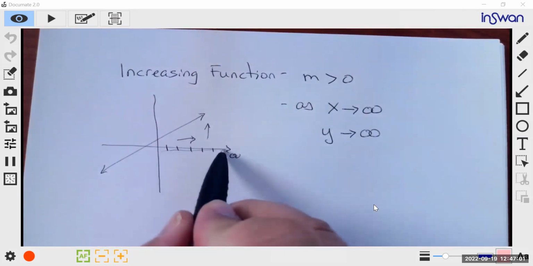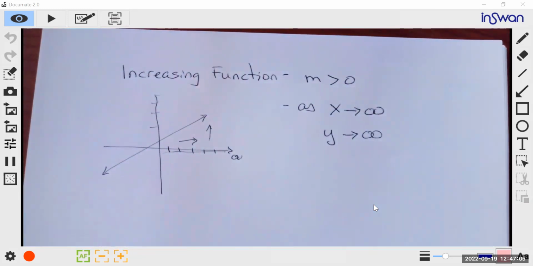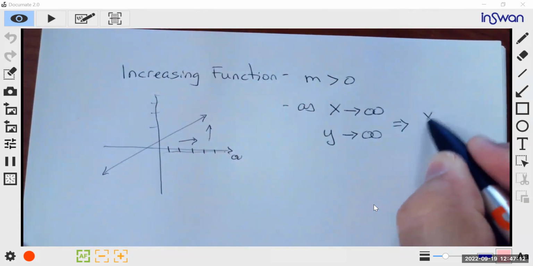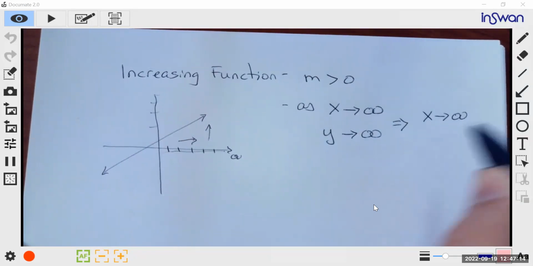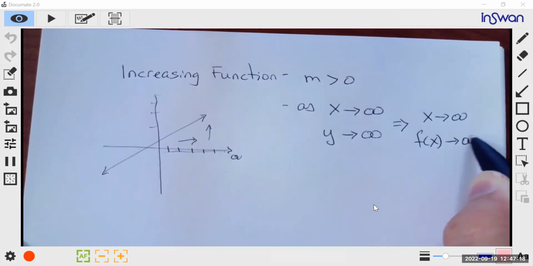So the bigger x gets, the higher y goes. That's an increasing function. We can also say as x goes to infinity, f of x goes to infinity.